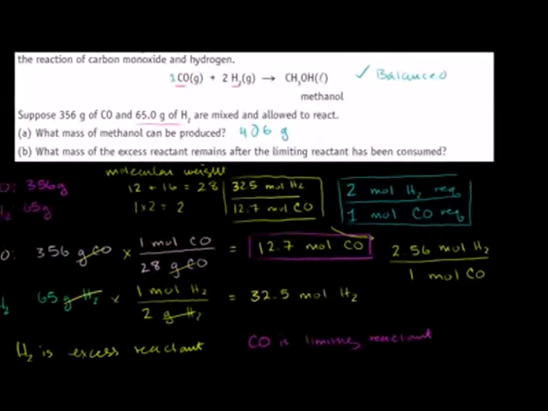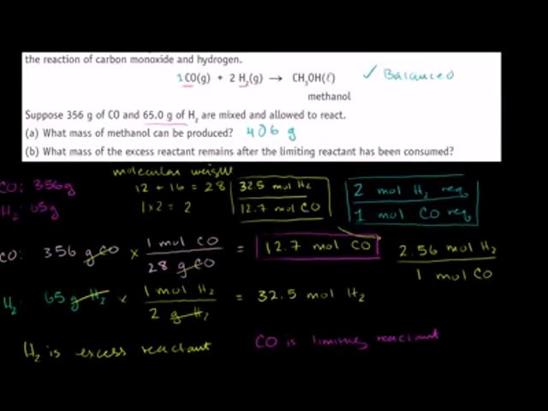So we started off here with 356 grams of carbon monoxide and 65 grams of hydrogen, and we were able to produce 406 grams of methanol.